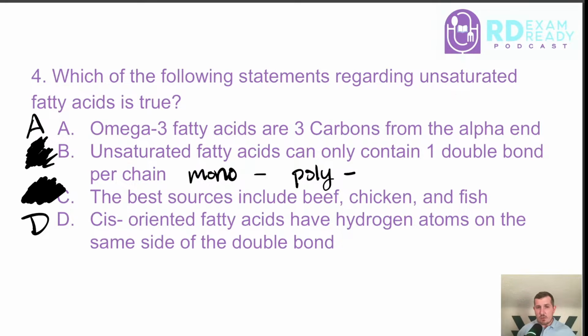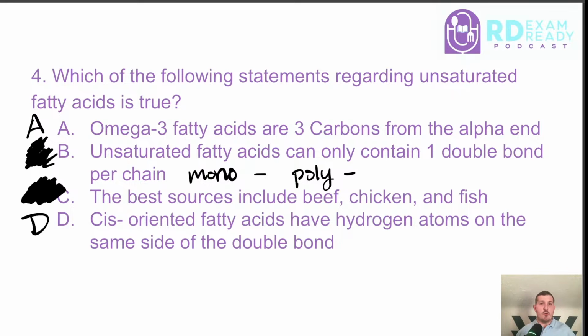D. Cis-oriented fatty acids have hydrogen atoms on the same side of the double bond. Okay. All right. So if I'm between A, omega-3 fatty acids are three carbons from the alpha end, or D, cis-oriented have hydrogen atoms on the same side. Hmm. So for A here, I actually don't think it's going to be three carbons from the alpha end.